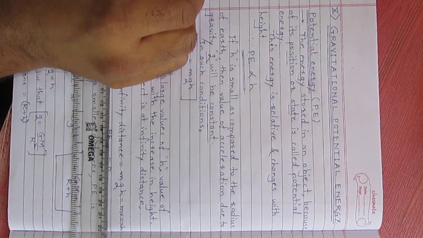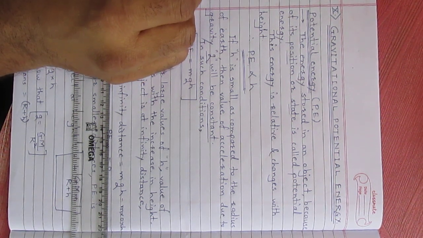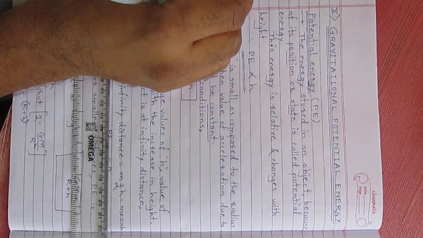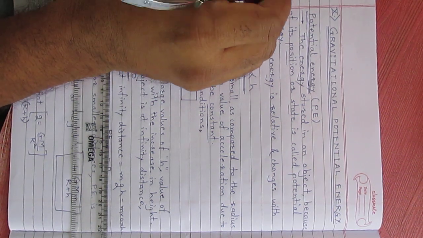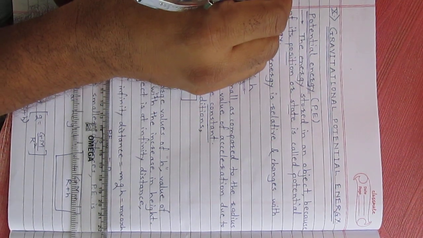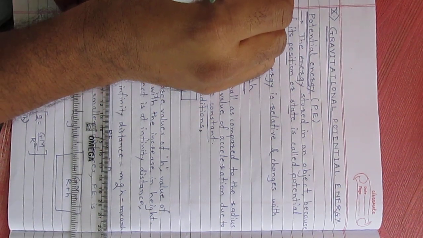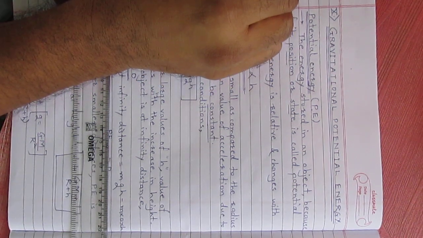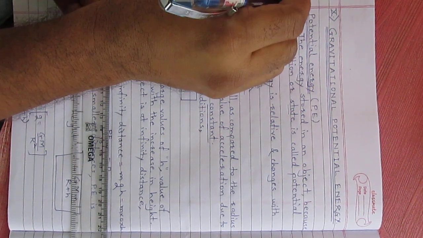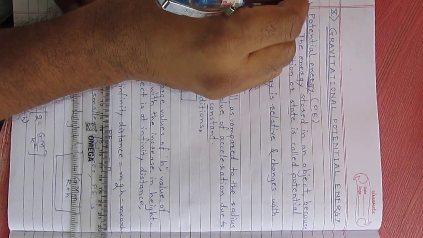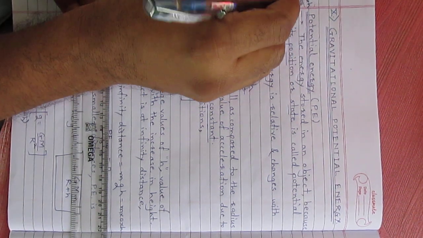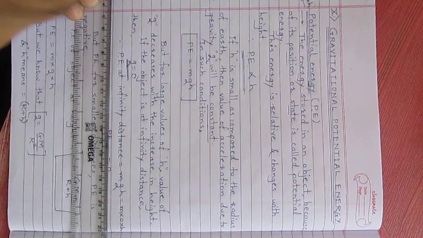We have studied in the ninth standard that if an object is raised upward from the surface of the earth to a certain height up to this point, then at that point the object has an energy equal to mass into acceleration due to gravity into height. That means the distance through which the object is displaced. So the potential energy will be mgh.